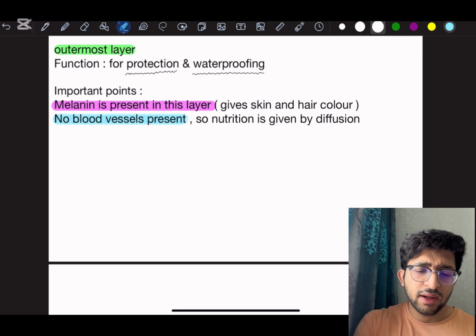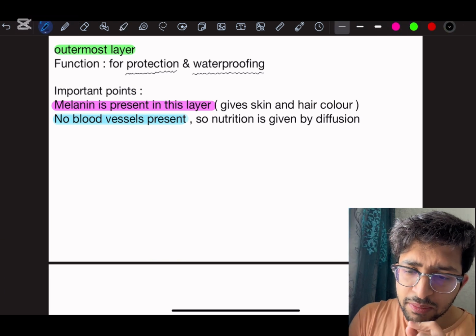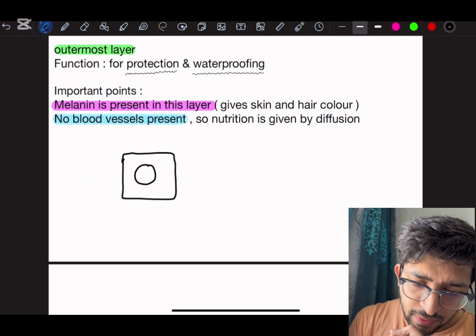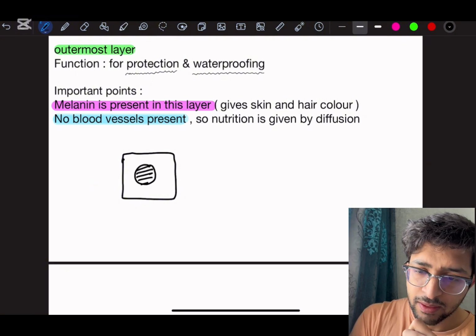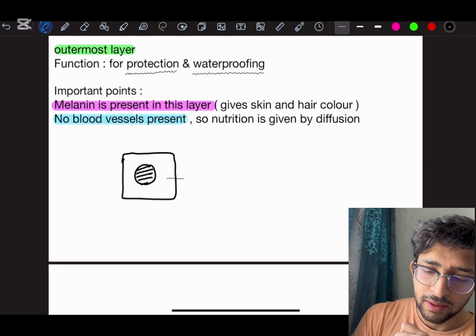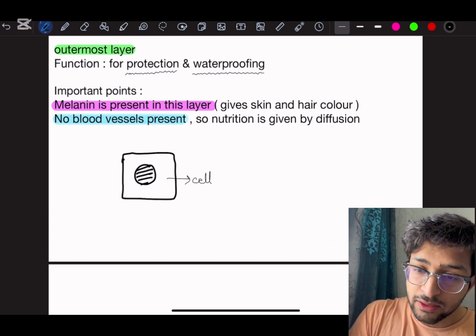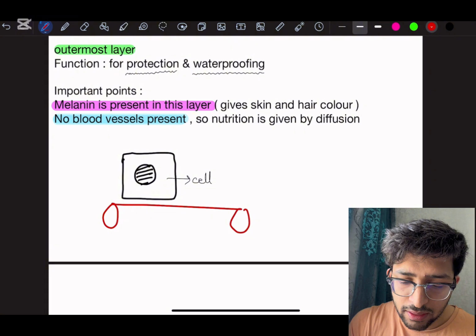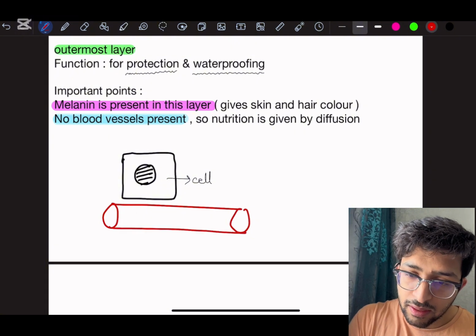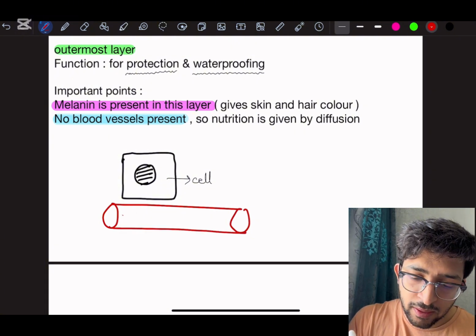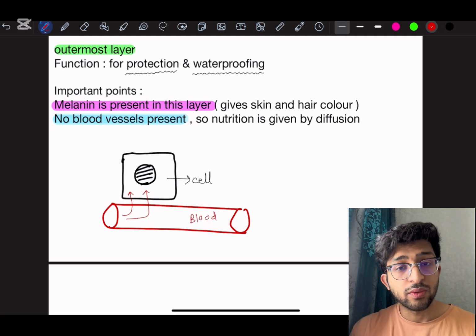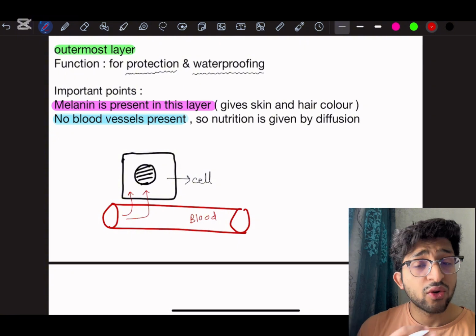So we know that every cell, right? For example, if this is a cell over here, every cell needs some amount of nutrition, right? But I have told you that in the epidermis there are no blood vessels.